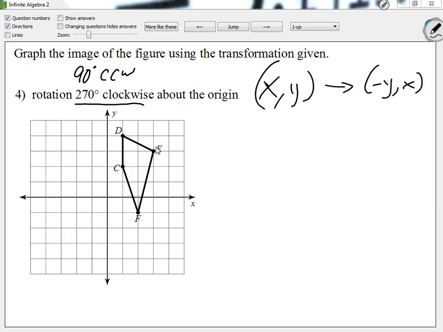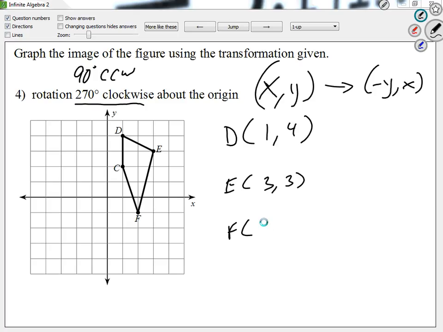Alright, so the way we do this, let me get the coordinates. For D, the coordinates right now are 1, 4. For E, the coordinates are 3, 3. For F, coordinates are 2, negative 1. And for C, I get 1, 2.